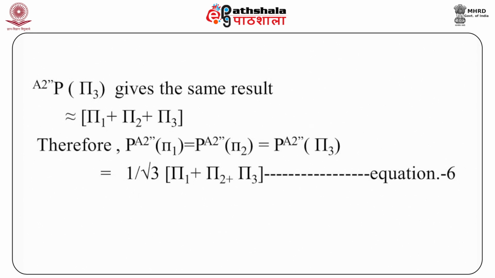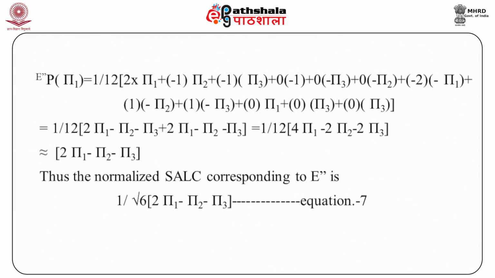That is the result given in equation 6. Now, let us find the SALC corresponding to E, that is, I operate the E projection operator on pi 1, pi 2 and pi 3. After operating on pi 1, I will get the result, after all these calculations, as pi 1 minus pi 2 minus pi 3.